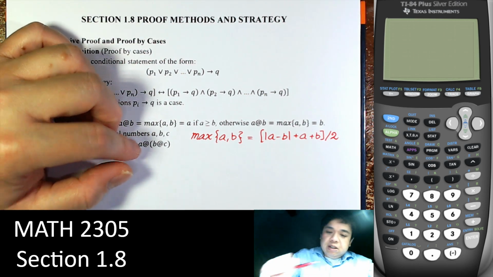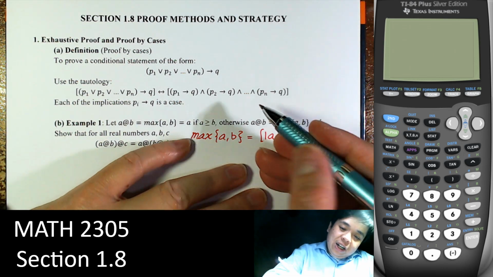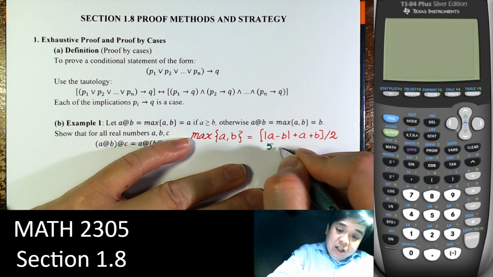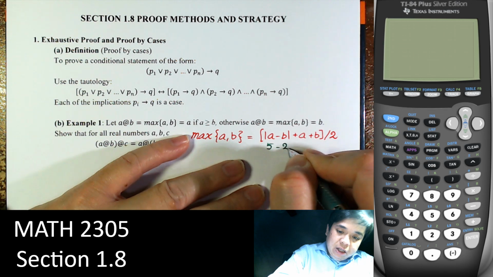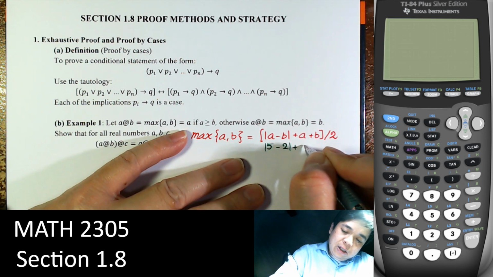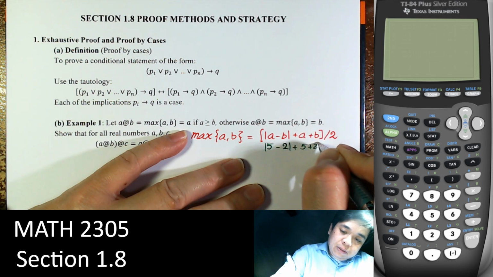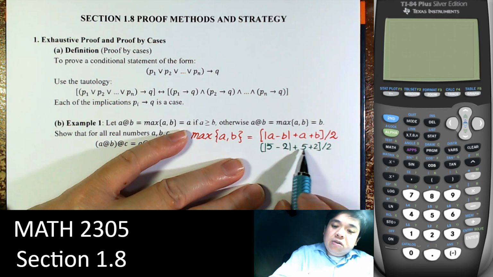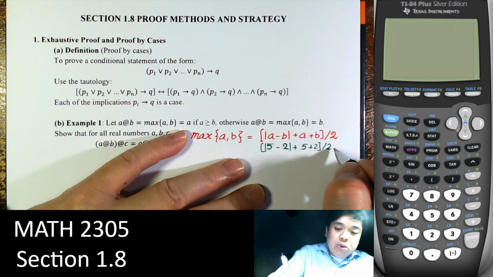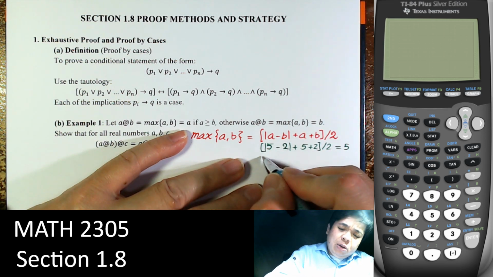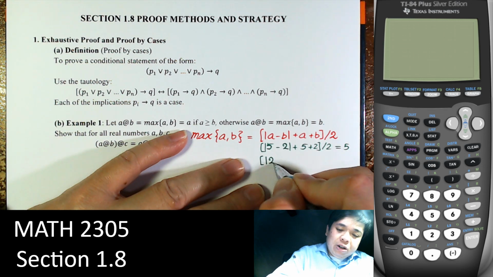So with that, let's look at an example. Let's say we start with A equals 5, which is bigger than B equals 2. So that is 3 plus 5 plus 2, so that is 10 divided by 2, which is 5. So that is the bigger number of the two, right? Now, what if we put them backward?